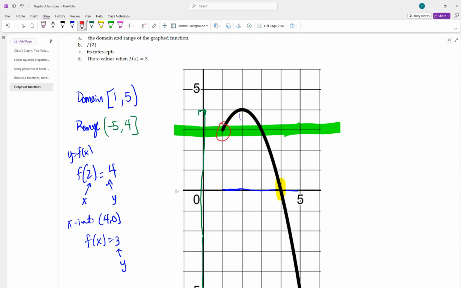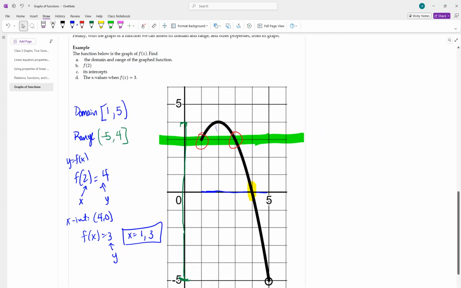It ends up touching right here and here, and then I just need to report the x values at those locations. So that would be when x is 1 and when x is 3. So here x would be equal to 1 and 3, and that's all I need to do. All right, so keep in mind that with a graph of a function, we can ask a lot more questions in a different way than we can with the equation.